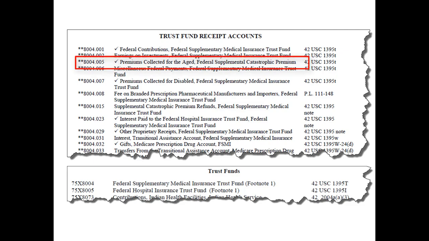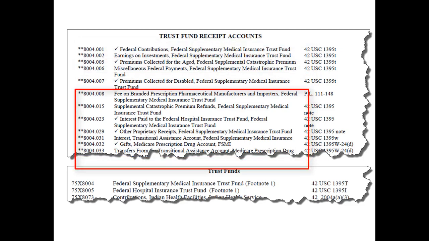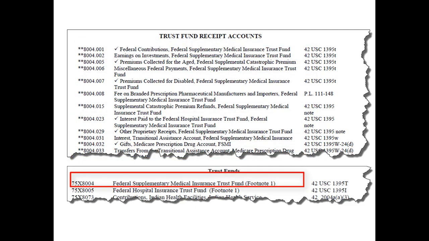Note that all these receipt accounts collect funds for the purposes of the Federal Supplementary Medical Insurance Trust Fund, as represented in this trust fund expenditure account. The same distinctions we discussed in special fund receipt accounts regarding distributed and undistributed and available and unavailable apply here.